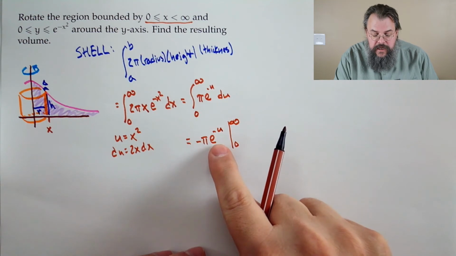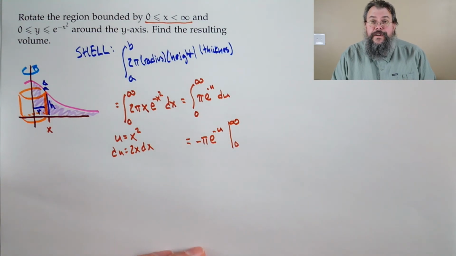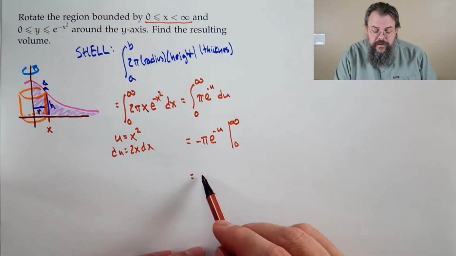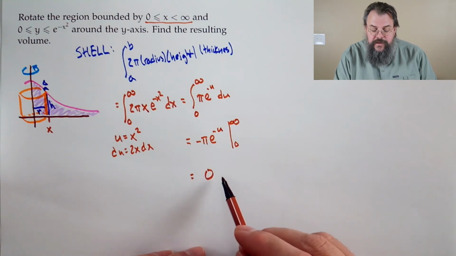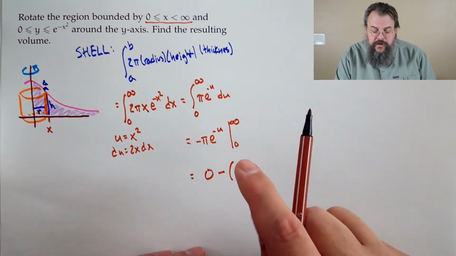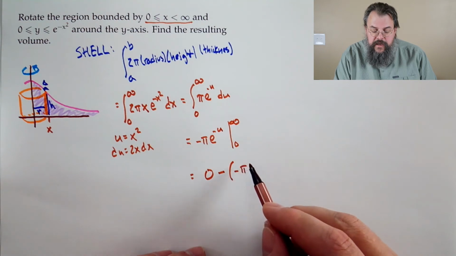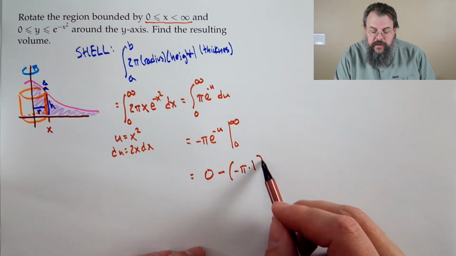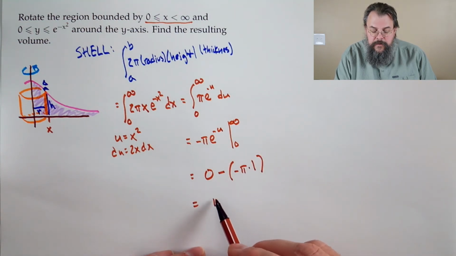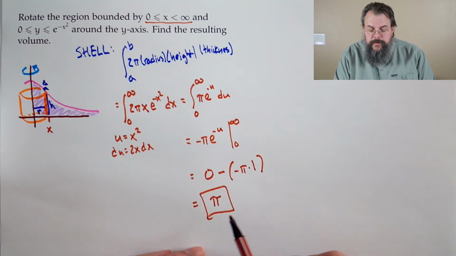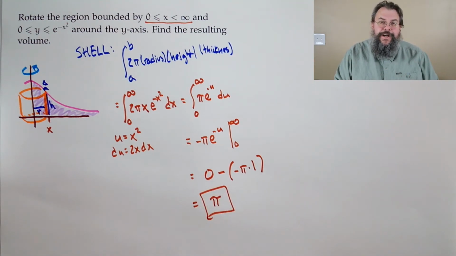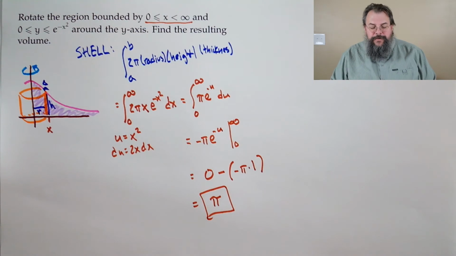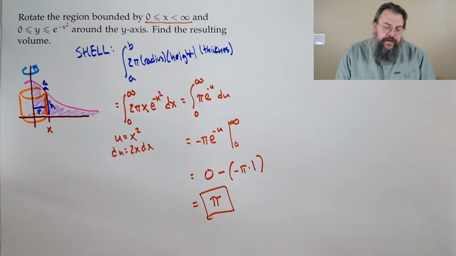We have e to a large negative number, which is 0. Subtract, plug in 0, well, we're going to get minus pi times e to 0, which is 1. So we end up with pi. We're done. Wow, what a beautiful answer.